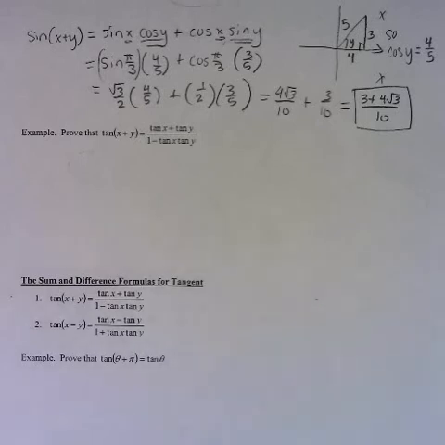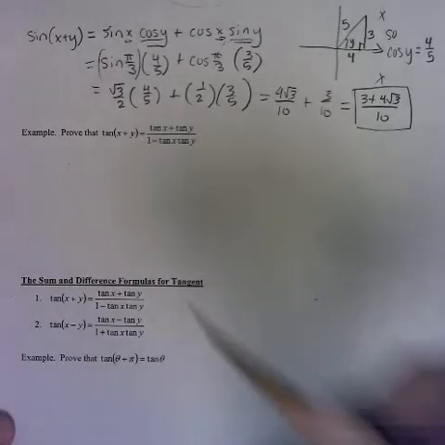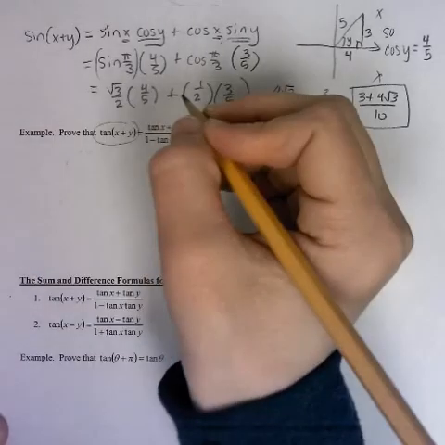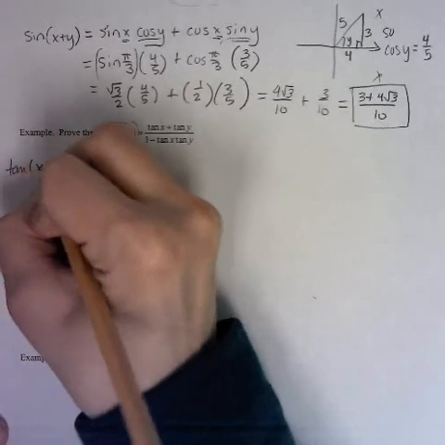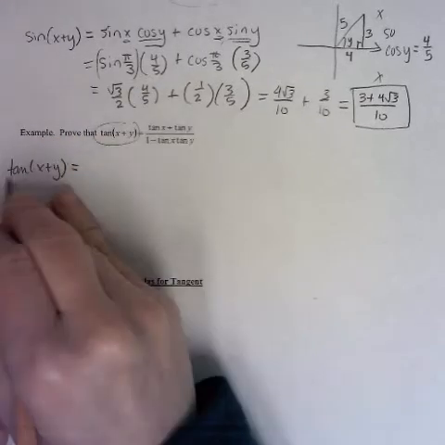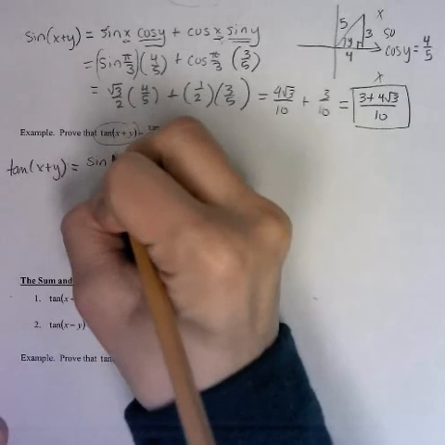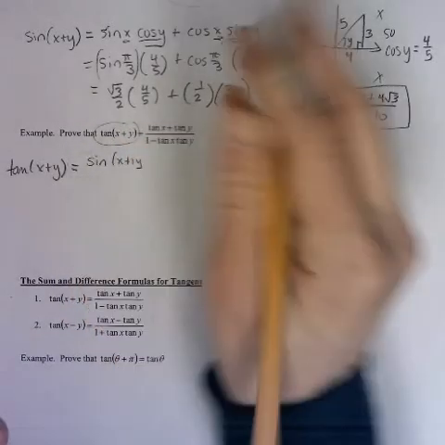All right, so what we do is we start with the left-hand side, tangent of x plus y. And we note that tangent is sine over cosine. So this will equal the sine of x plus y over the cosine of x plus y.